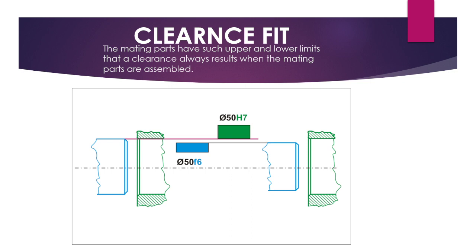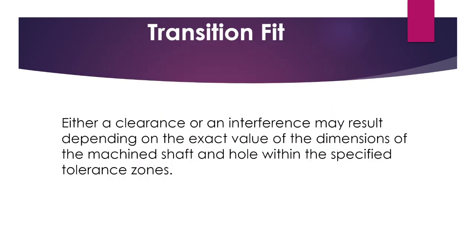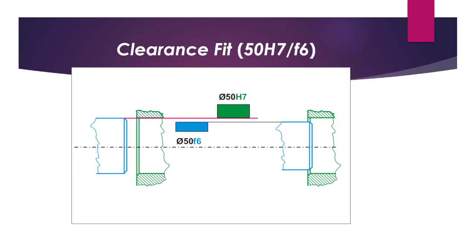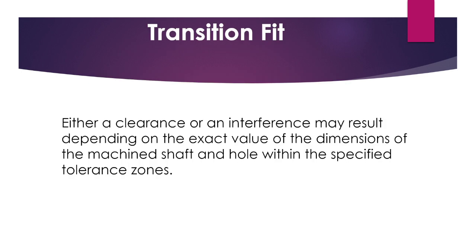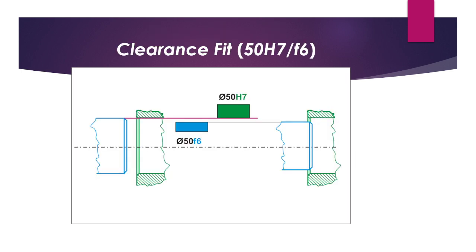We have two sizes, L max and L minimum for the shaft, and two sizes, L max and L minimum for the hole. The biggest shaft is smaller than the smallest hole all the time, and that always leaves clearance. Can you see? We have a clearance here.